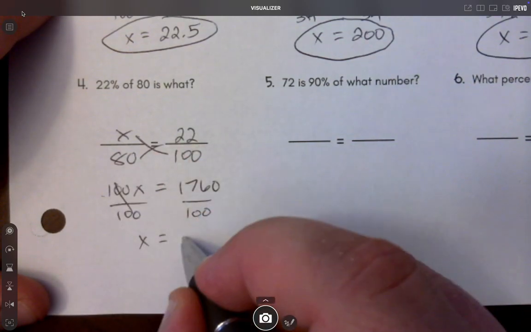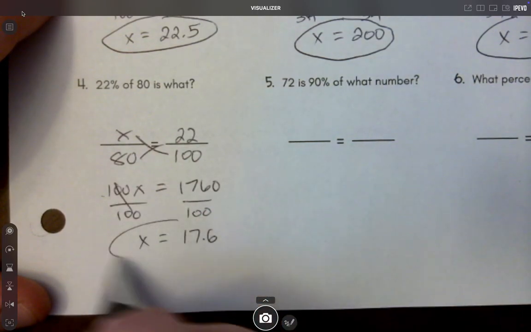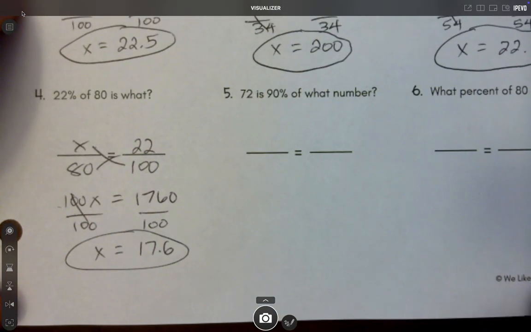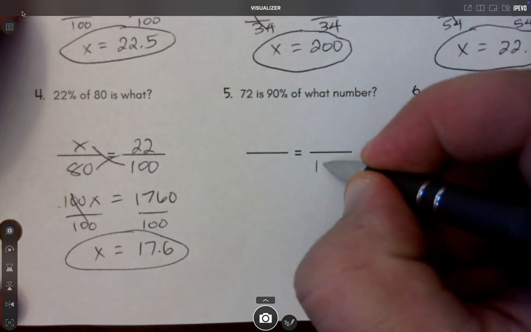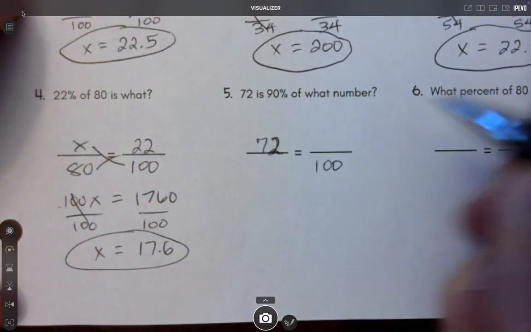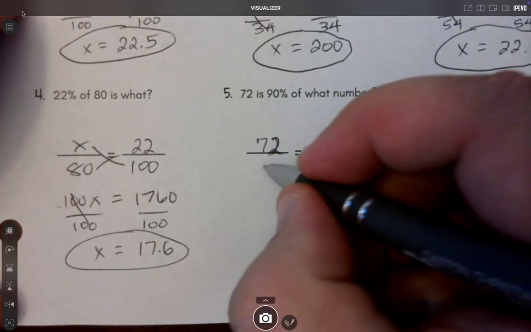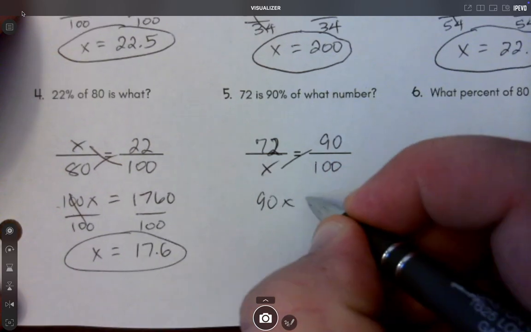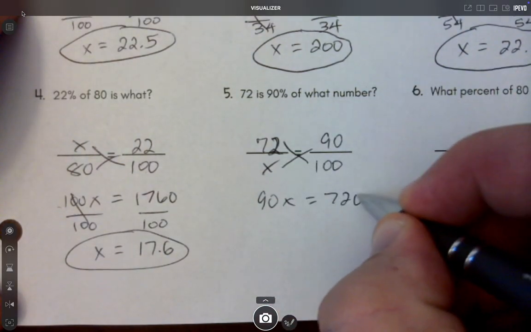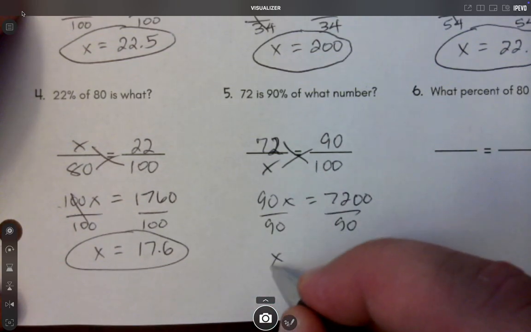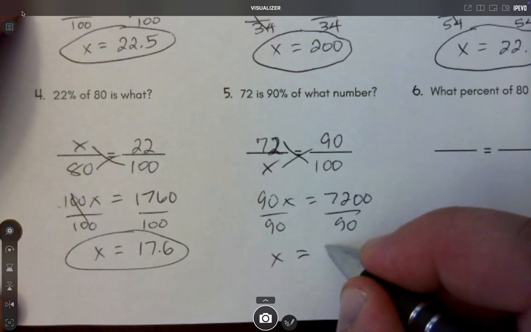We get x equals 17.6. Okay, number 5. We know 100 goes here. 72 is, so it's the part, it goes on top. 90% of what number? So we don't know the of. So 90 times x equals 72 times 100. Can divide both sides by 90. I think that's 80. Yeah, 80.